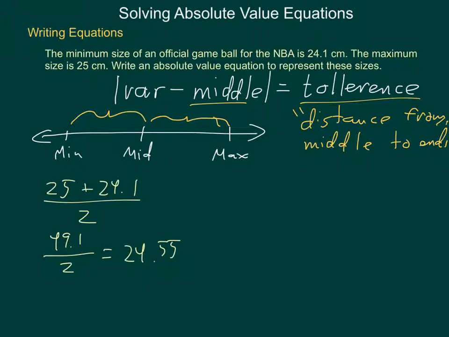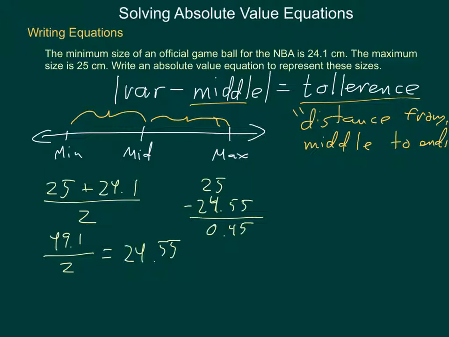Now, our tolerance, our distance from that middle to either end, we'll simply take either end and subtract that middle. So 25 minus 24 and 55 hundredths. Going through using our borrowing and subtracting properties, we're going to come out with 0 and 45 hundredths. So if I add 45 hundredths to 24 and 55 hundredths, I get 25. If I subtract it, I'll get the 24 and 1/10.